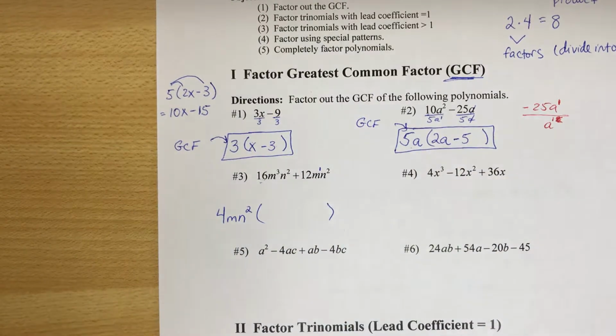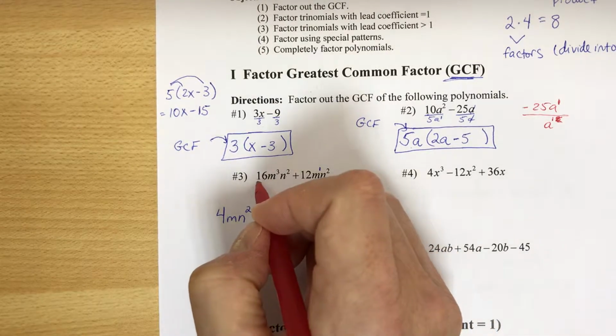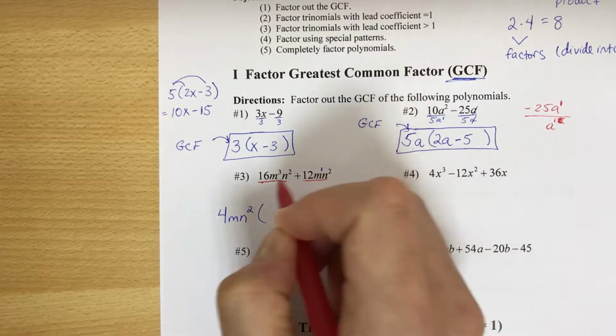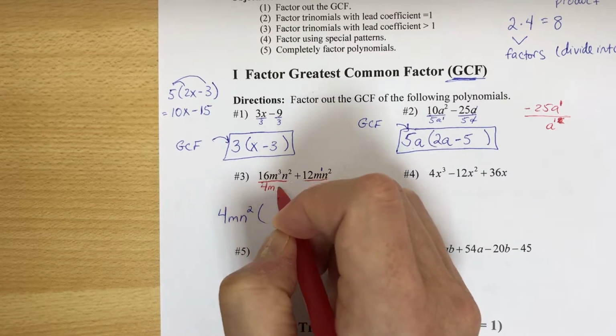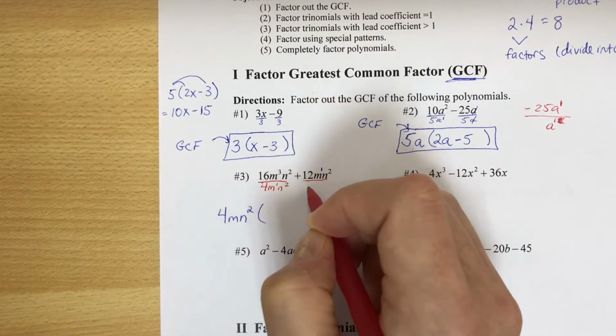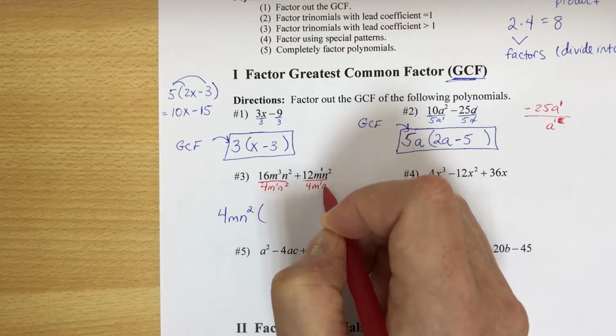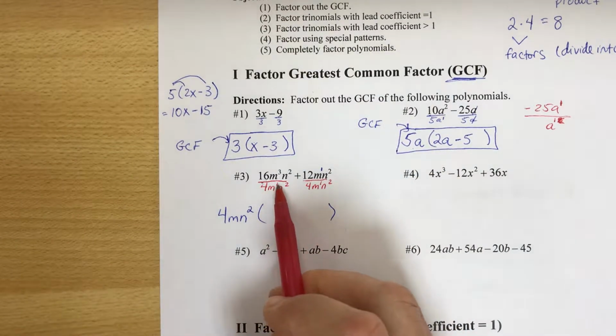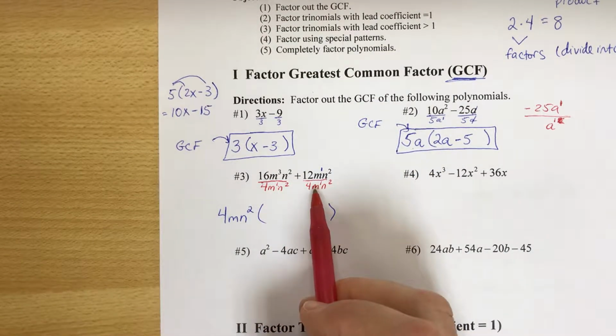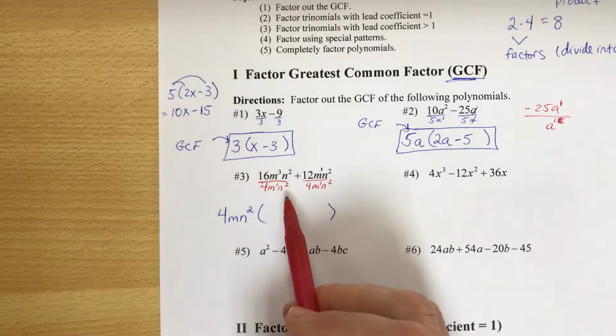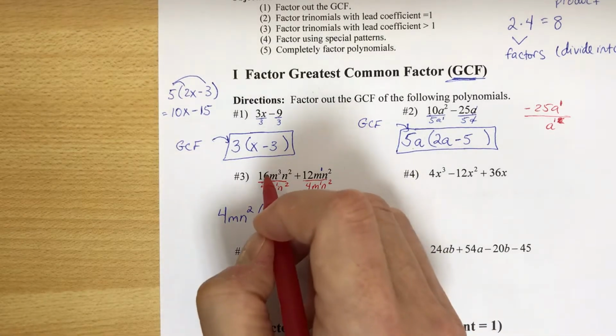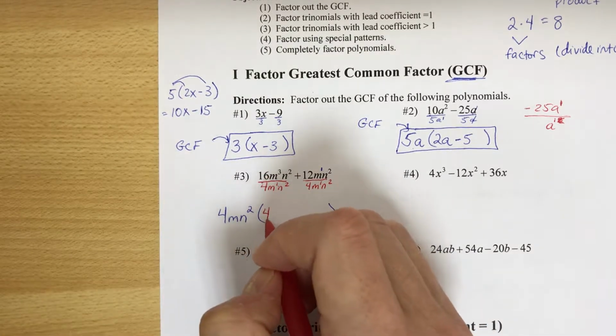Now I'll open parentheses. Now we need to find out what is left. So let's take both expressions here. We're going to divide by 4m n to the second. Notice I put m to the first for these. You don't need to, but I like to remind myself that the exponent's a 1. 16 divided by 4 is 4.